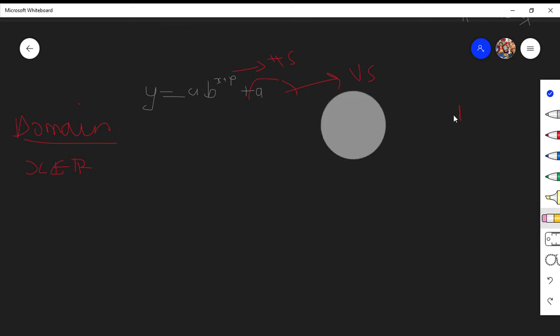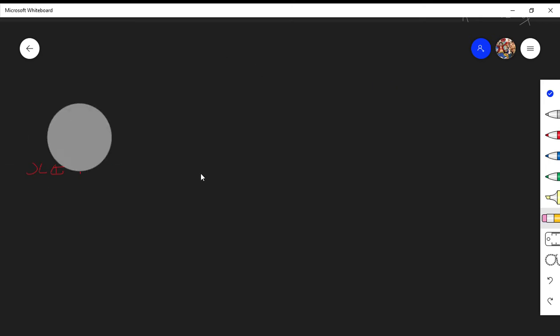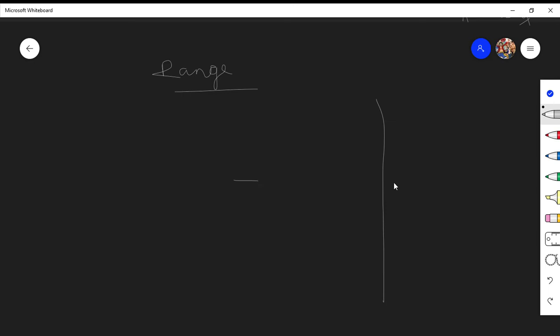So when we deal with range in an exponential function, we have our function like this, function f.